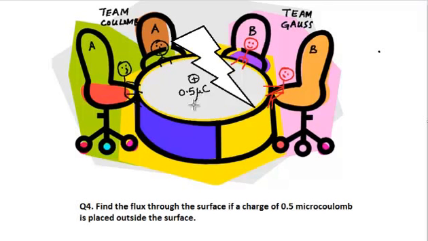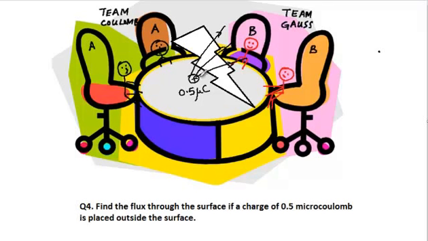Team A discusses that the flux that enters the surface also leaves the surface. Hence, the net flux through the surface is 0.